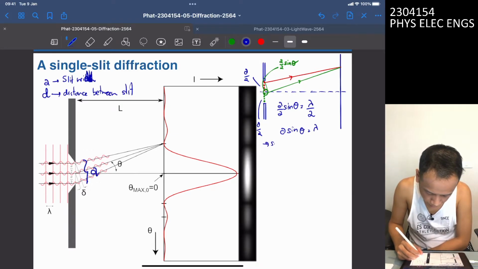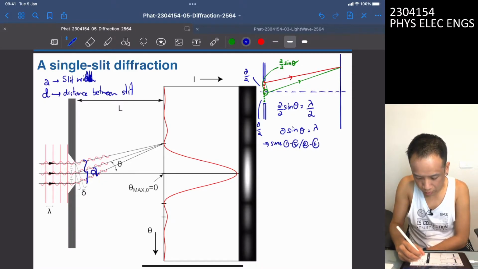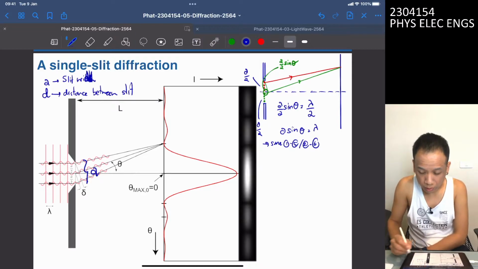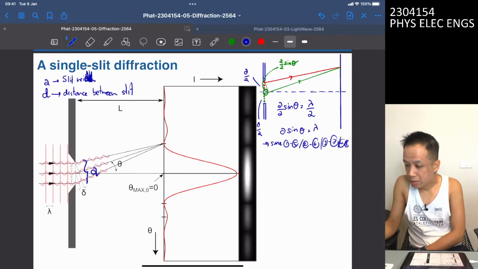This is the same if you match, for example, 1 and 5, 2 and 6, the sources we are considering, 3 and 7, 4 and 8. This is exactly the same. So now you get an idea: this is something that can be a minima.